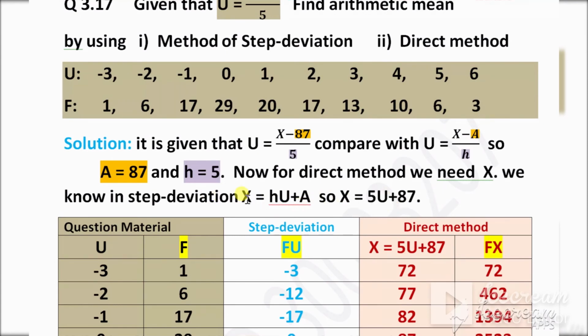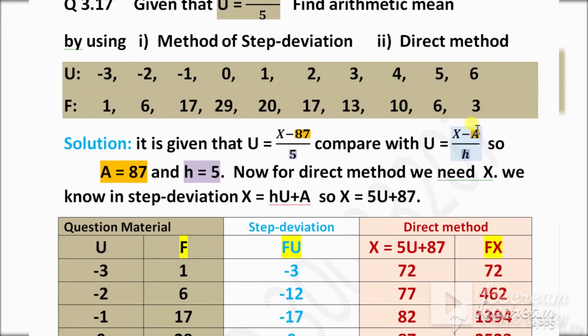This is the other formula for the step deviation method, where if you have to find x, x is equal to h multiply u plus a. How will you get this? You can get this from this. Since h is the divide term, you cross multiply and this becomes hu.